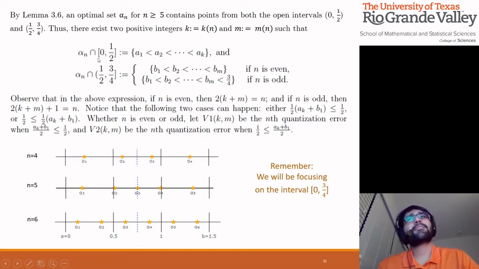So what this is pretty much saying is that when n is 5, 6, 7, 8, 9, and so on, the quantizers in the closed interval 0 to 1/2 we will be referring to as A1, A2, A3, where A1 is less than A2, A2 is less than A3, and AK is the last quantizer in that interval.